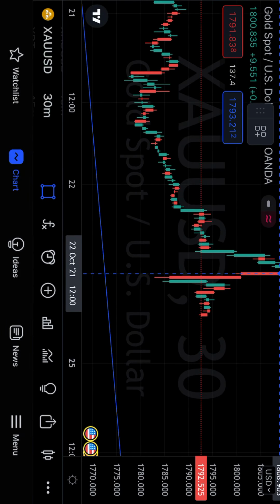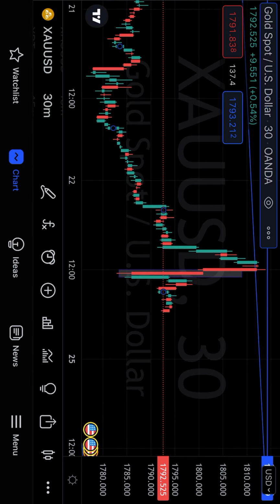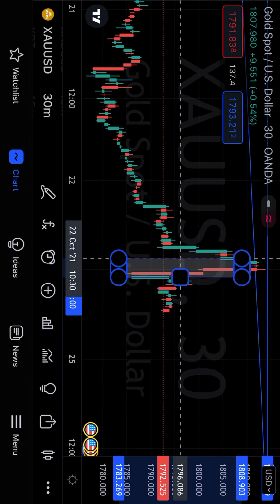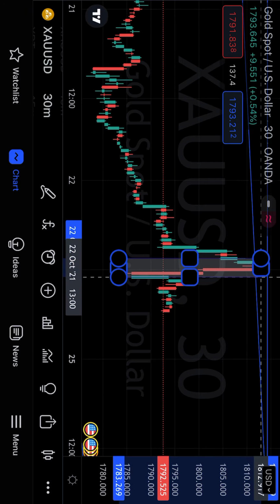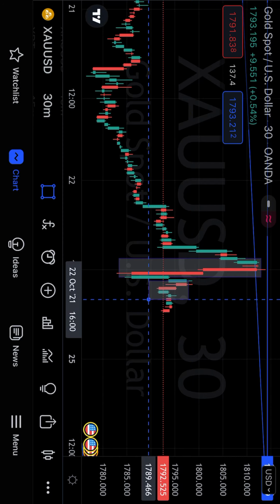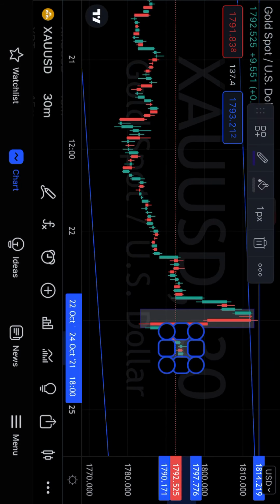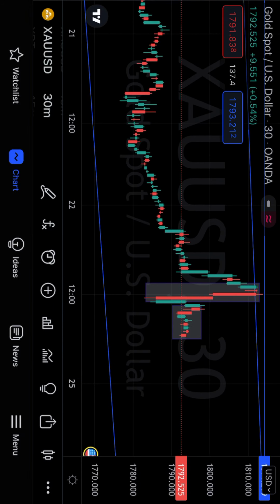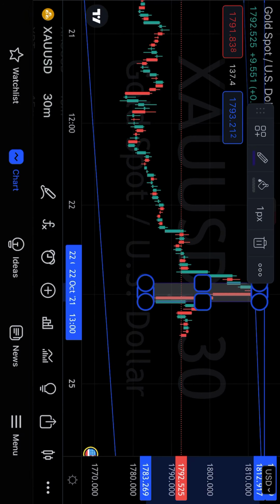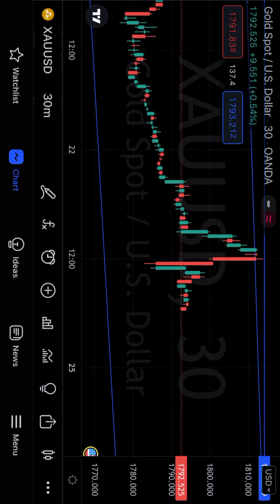This is the impulsive leg, and this is a corrective phase, and we should be looking for moves to the downside.